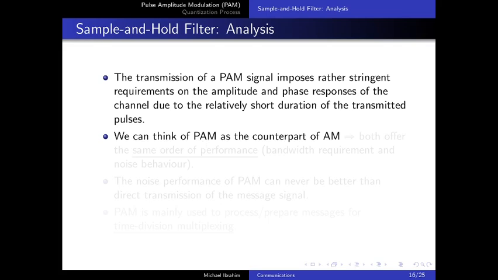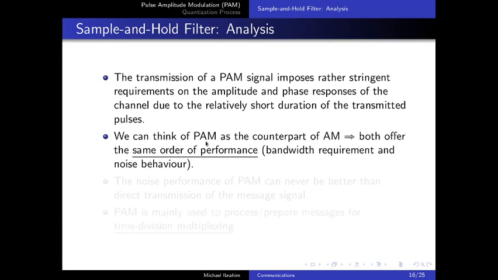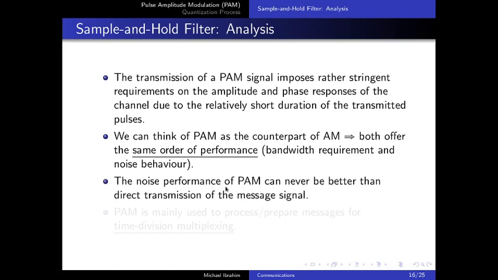That's why we can roughly say that both AM and PAM offer the same order of performance, more or less. And by performance, we're talking about the bandwidth requirement and the noise behavior. That's why we're not expecting PAM to be superior in any way to AM. As a matter of fact, the noise performance of PAM can never be better than the direct transmission of the message, like sending m(t) as is.